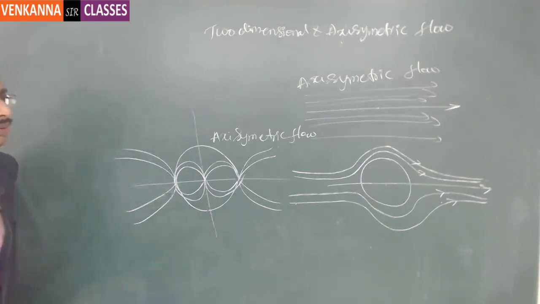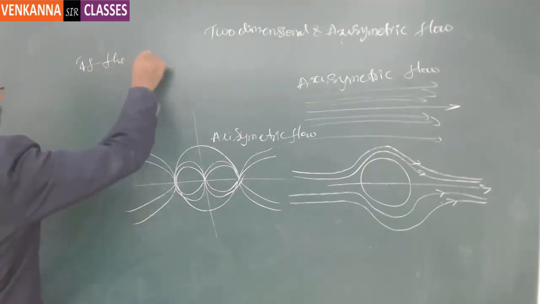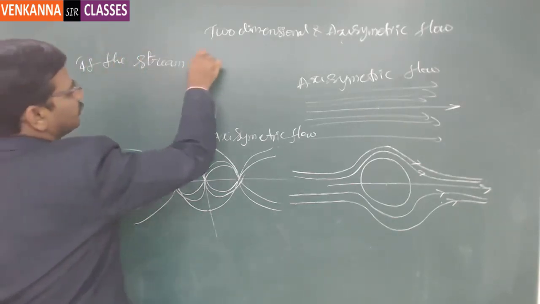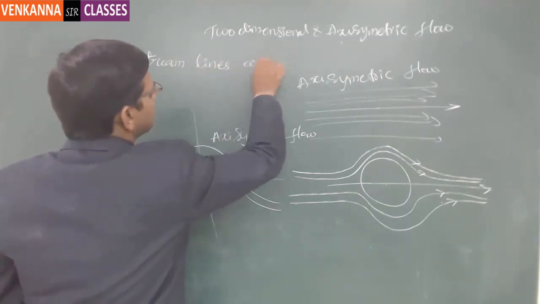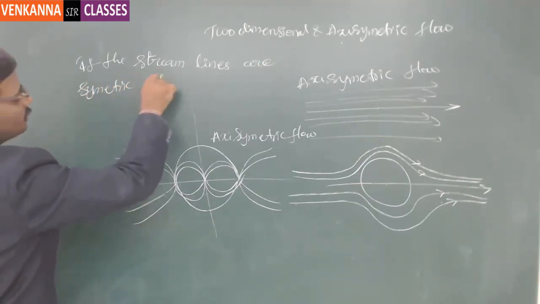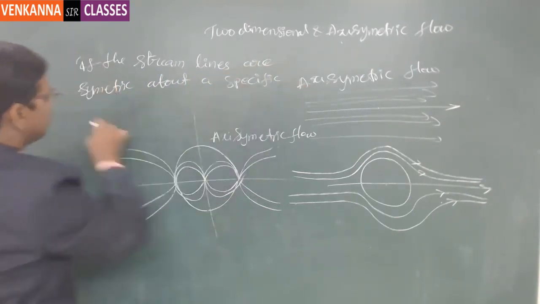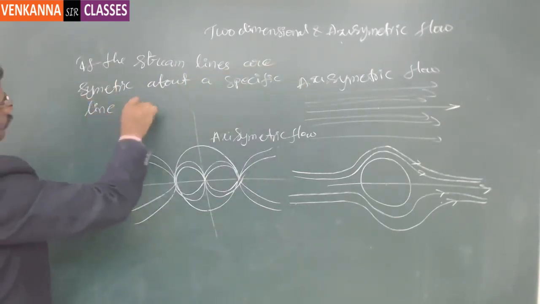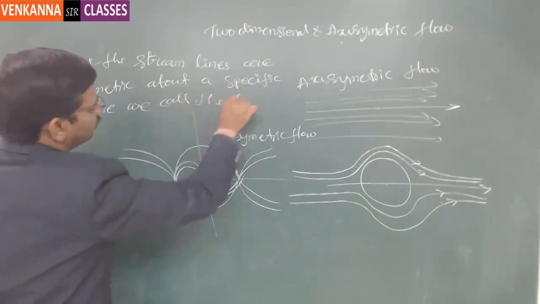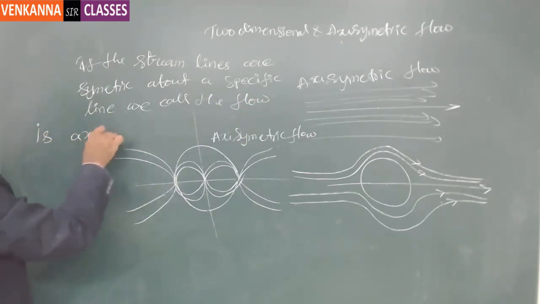Okay, note down this. Axisymmetric flow: if the streamlines are symmetric about a specific line, we call the flow axisymmetric flow.